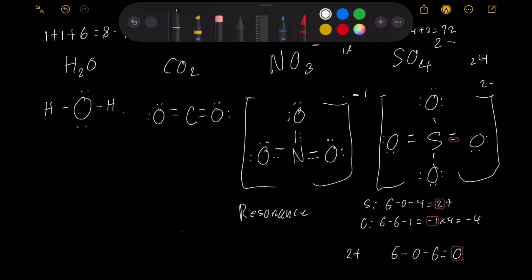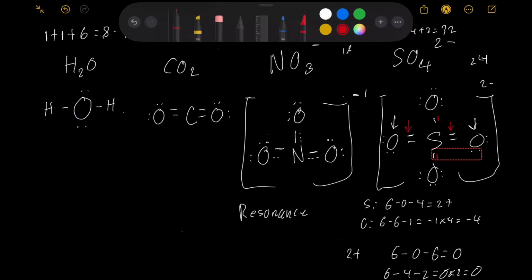And we check the other elements. These two oxygens here have 6 minus 4 unpaired minus 2 bonds equals 0. There's 2 of them, so that equals 0. And these stay the same, so you have -2. So you get your same answer. Now, resonance is also here. It doesn't have to be these two.